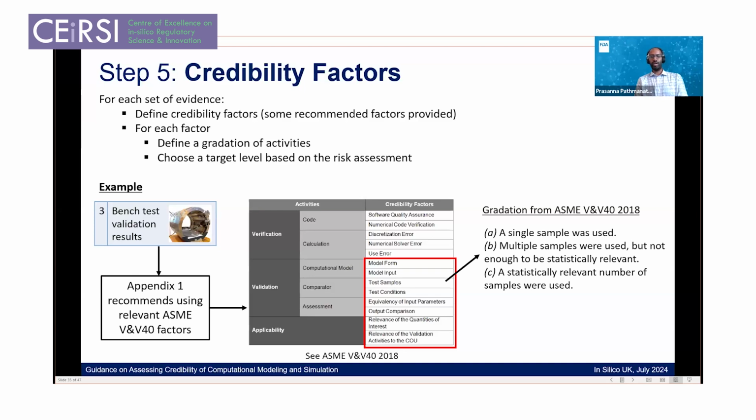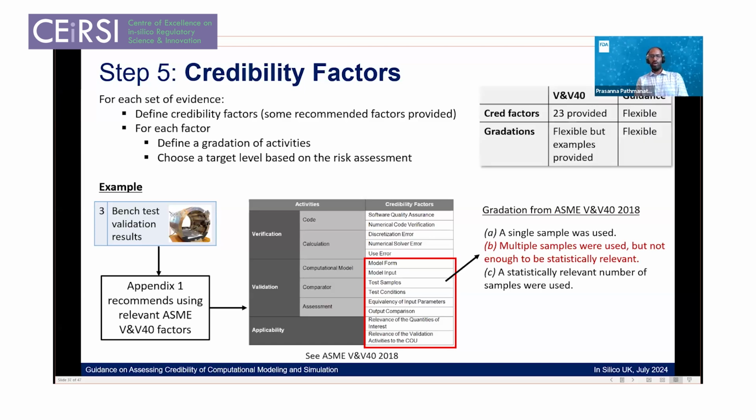And as I mentioned, the gradations go from the lowest level of rigor to the highest level of rigor, and the idea behind V&V40 is you can choose a level based on your overall risk assessment, or at least justify a level by referring to the overall risk assessment. So if the risk was assessed to be medium, that might be used to support this medium level of rigor.